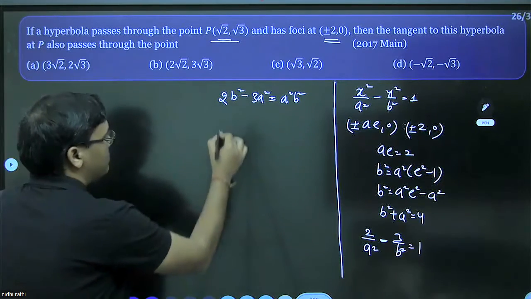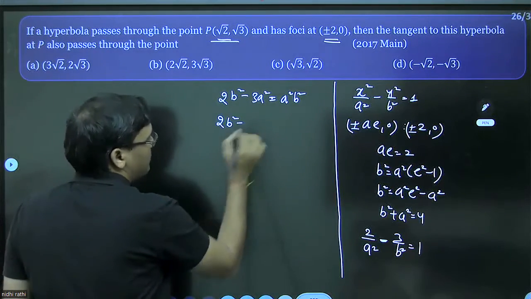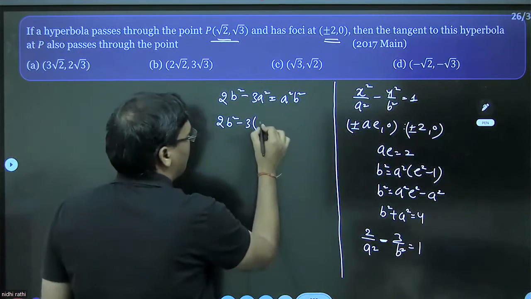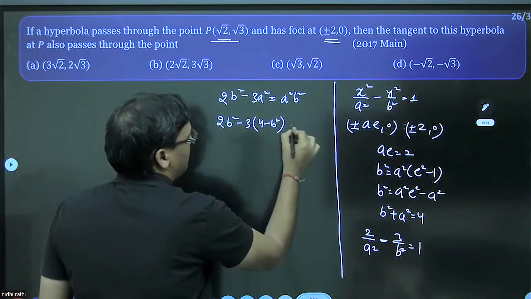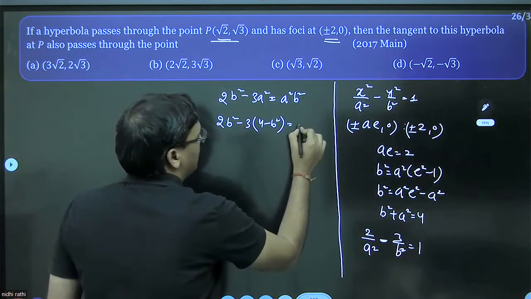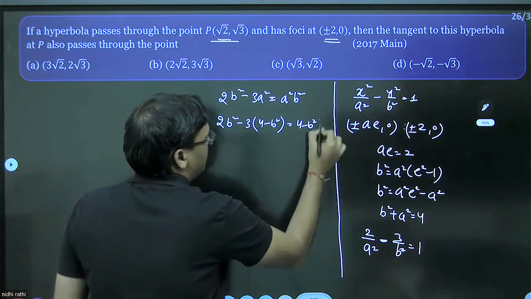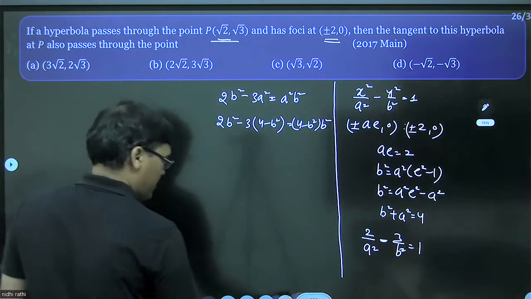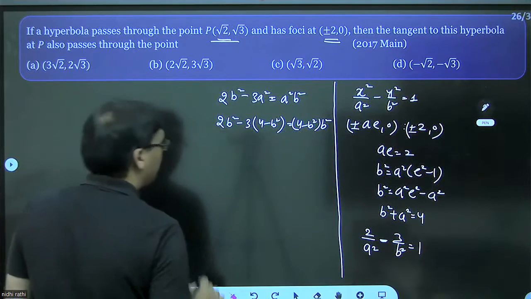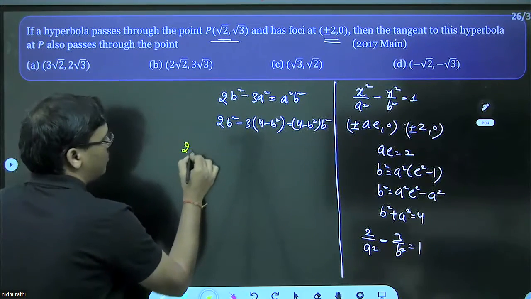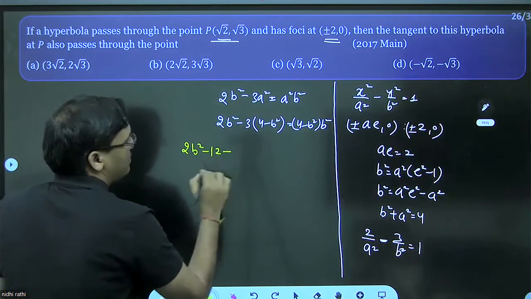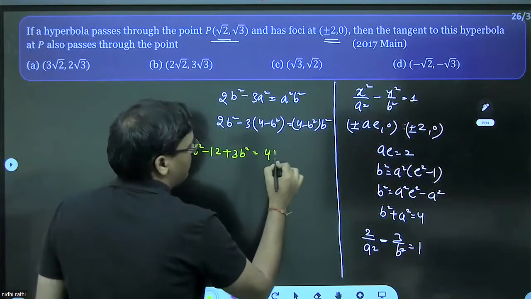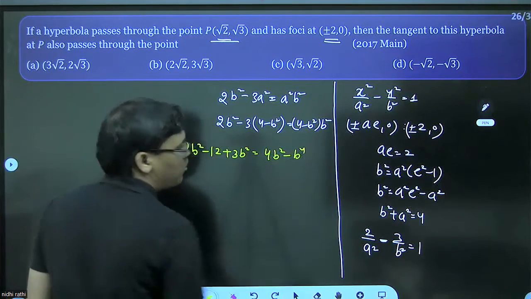Okay. So this is 2B square minus 3. What is A square? A square is 4 minus B square. So this is equal to 4 minus B square into B square. So if I simplify this, you can just check the calculation. This is 2B square minus 12 plus 3B square is equal to 4B square minus B to the power 4.